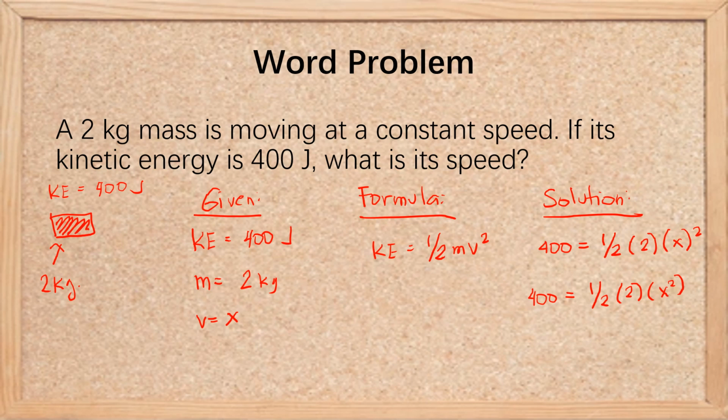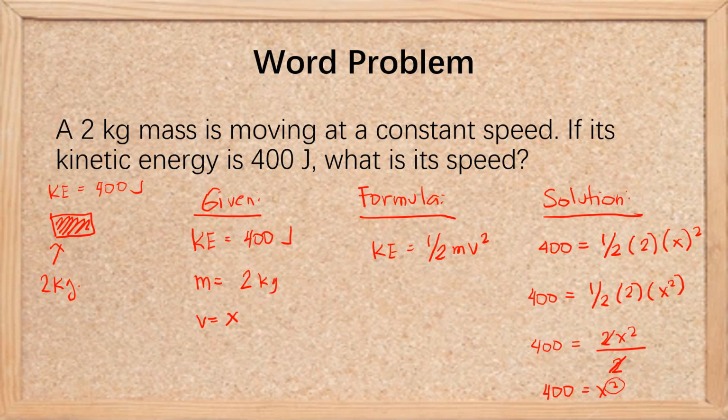So 2 times x squared, that's 2x squared, times 1, that will be 2x squared. So 400 is equal to 2x squared over 2, right? So therefore, we are going to divide this one by 2. So 2 divided by 2. So you'll get a value of 400 is equal to x squared.